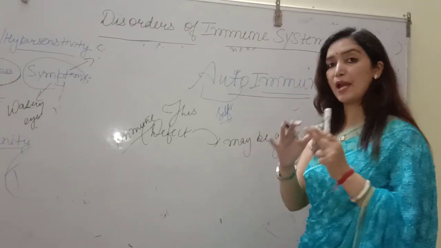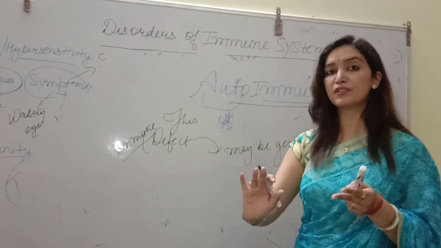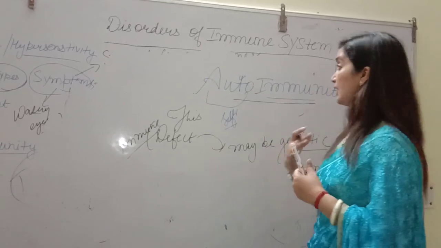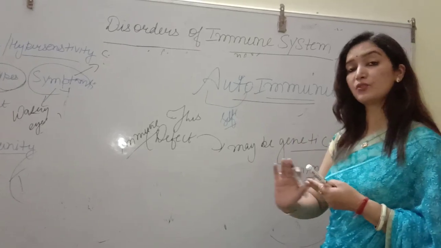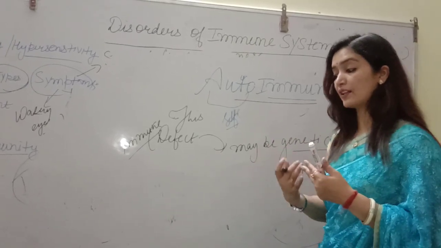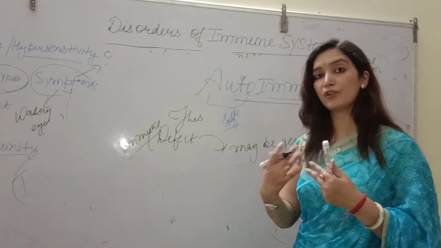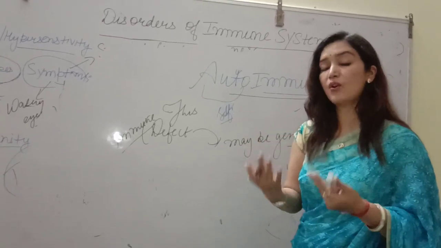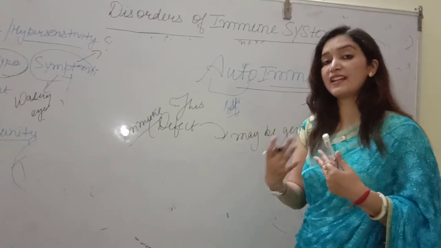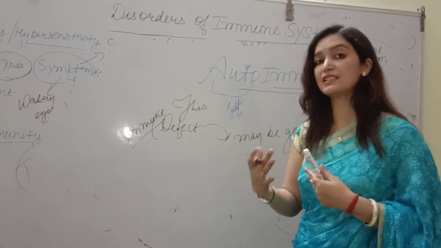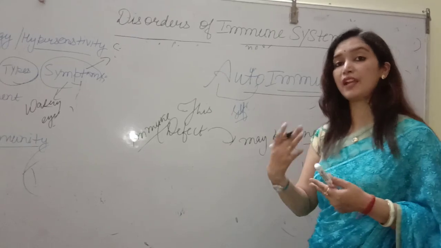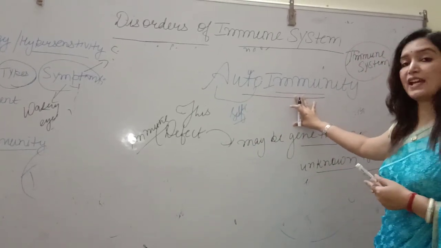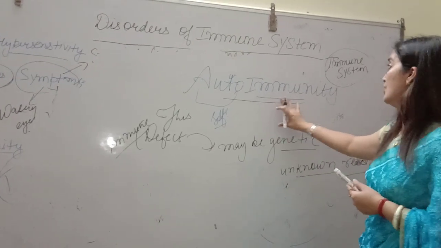So when this ability of differentiation between self and non-self decreases or is eliminated, the immune system is not able to recognize whether the entering particle is related to our body or not. At that time, the body starts working against its own body parts and own body cells, and it damages them. That is called autoimmunity, and the response is called autoimmune response.